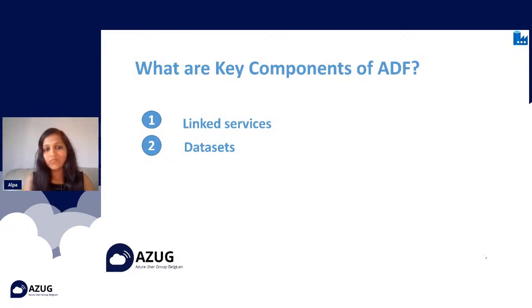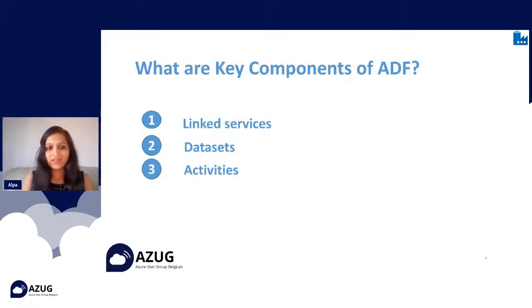For example, if your linked service is connected with an Azure SQL database, then the dataset holds the database-related information, like the structure of a table. And if your linked service is pointing to blob storage, then your dataset is related to a file or a folder. So that is a dataset.